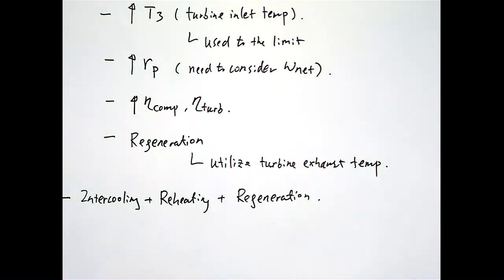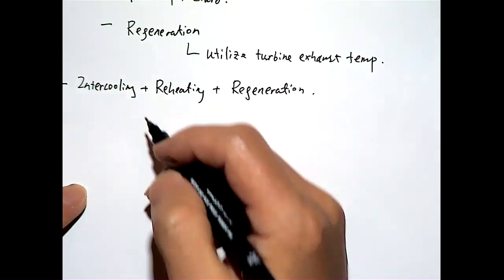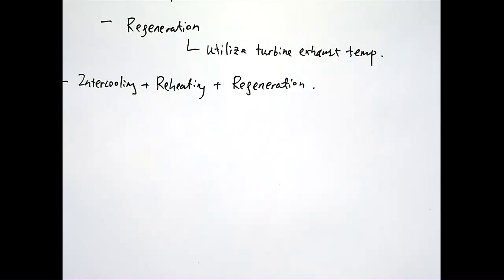So in terms of why we want to do the intercooling and the reheating, that's related to the work that needs to be done at a compressor. We want to minimize the work that is done by a compressor and maximize the work that is delivered from the turbine. So consider a reversible process going through a compressor or turbine.